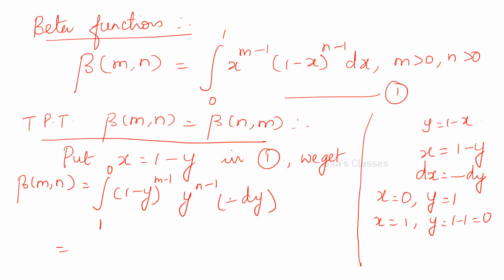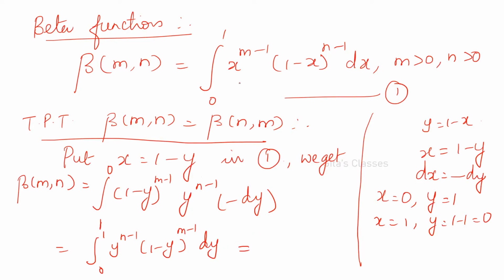So this is equal to, this minus I am going to take outside, and integral minus a to b can be written as integral b to a. When you are changing these limits, you can take the negation. So the integral from 0 to 1, because of the minus, I am taking it out and changing the limits. Minus of 1 to 0 becomes 0 to 1. y^(n-1) into (1-y)^(m-1) dy.